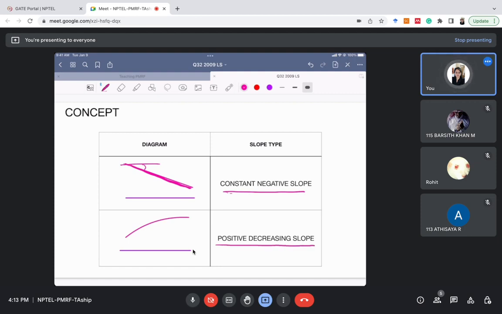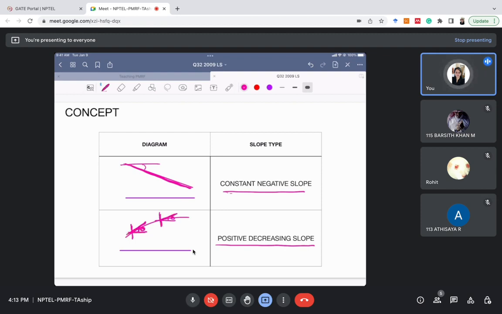This is positive decreasing slope. So how is it positive decreasing slope? At this point, the slope is this. Say it's theta 1. At this point, the slope is, so this slope is constantly decreasing, right? Here it is more. If we draw the tangent here, the slope is theta 1 here.